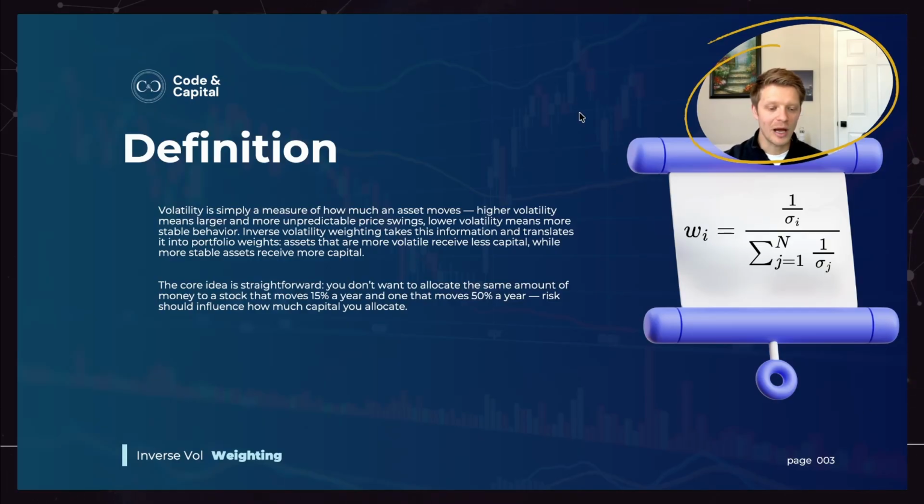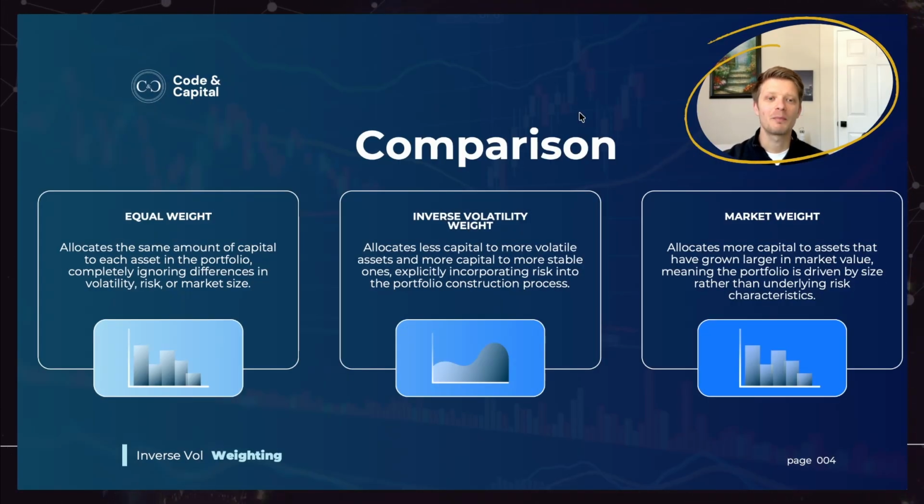So to conclude our little definition here, let's compare the three most common weighting strategies. Equal weighting ignores risk entirely, whereas market cap weighting, like indices such as the S&P 500 or the Russell 1000, just cares about the market cap of the position. So Apple, being a large cap stock, will have a way higher weight than in an equal weighting, for example.